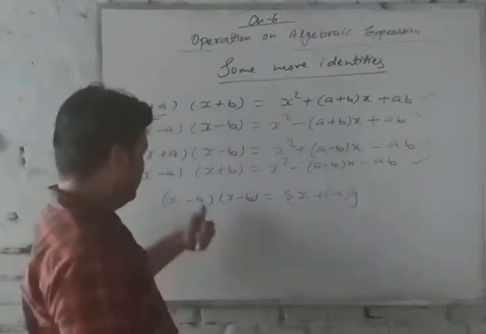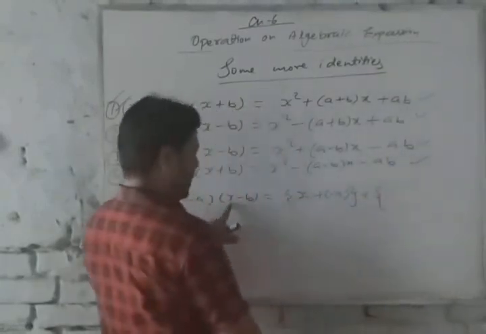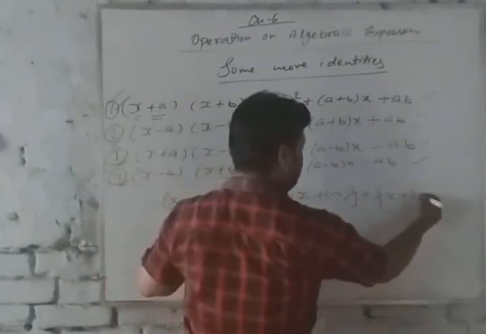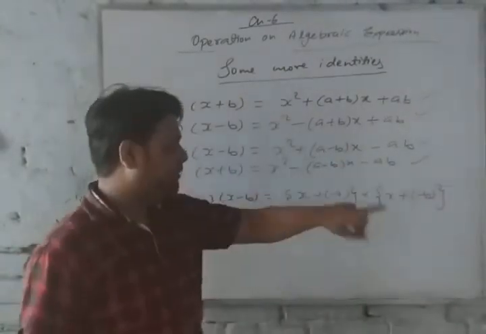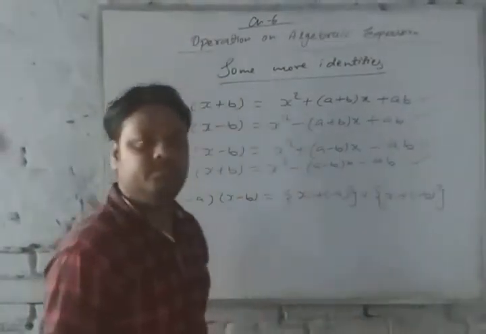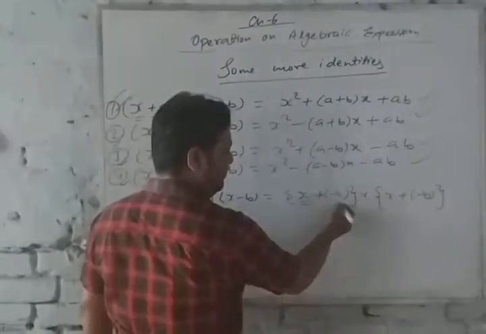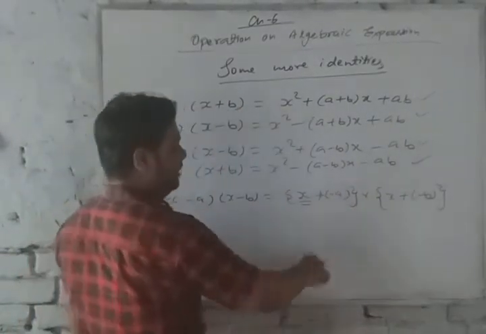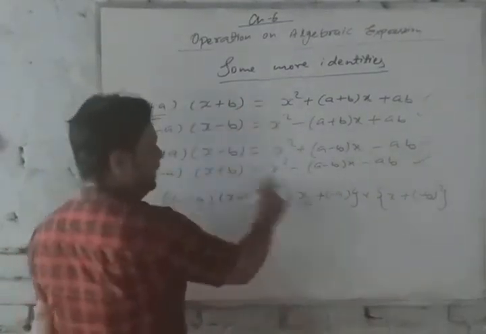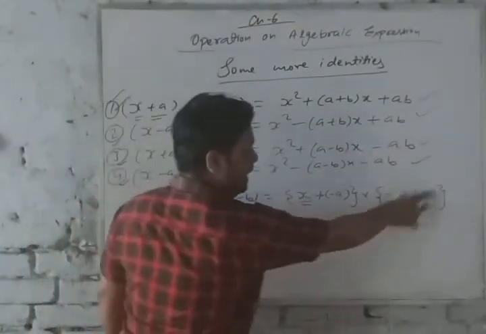After that, here again x plus minus b. Again minus b we have taken with b. Now it is x plus sign in between and whole is a. x plus b. That is, in the place of a it is minus a, and in the place of b it is minus b. Okay.